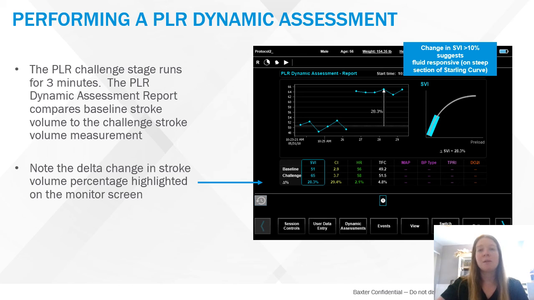That number does not mean they can tolerate more fluid than the person who had a 10% increase. So if a patient is volume responsive, they're volume responsive. And literature actually shows that when you're giving a fluid bolus, you should only be giving 500 cc's at a time because again, you don't know where your patient sits on this Starling curve.